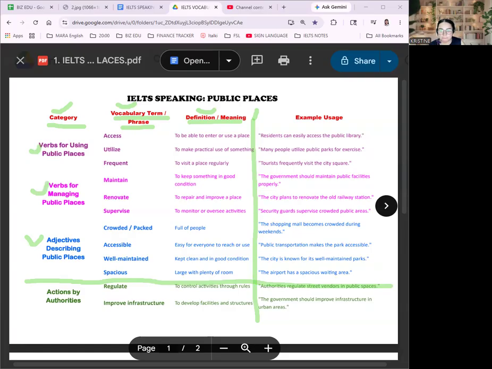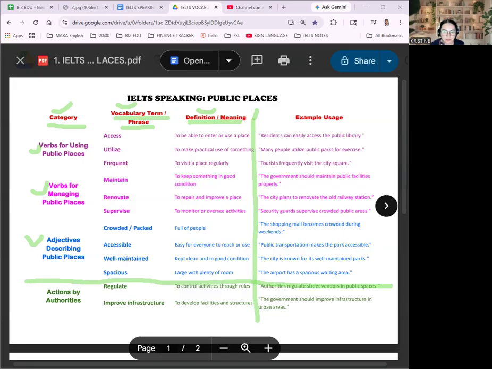Category: the verb for using public places. Vocabulary terms: access, utilize, frequent. Definitions and meaning: to be able to enter or use a place, to make practical use of something, to visit a place regularly. Verb for managing public places: maintain, renovate, supervise.